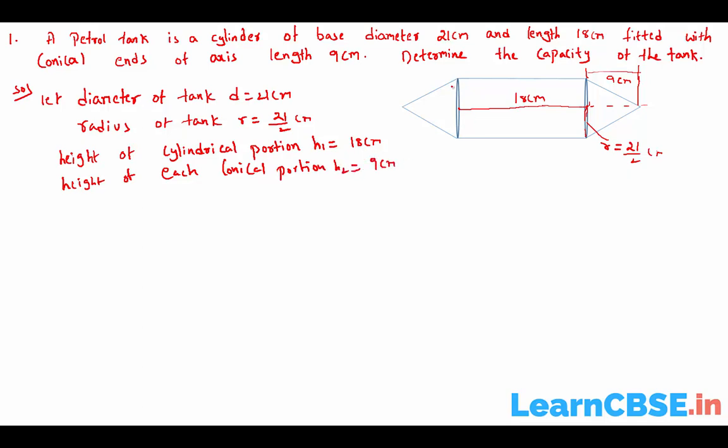If you observe here, both have the same base, that means the radius is common for both the cylindrical portion and the conical portion, but the height may vary.